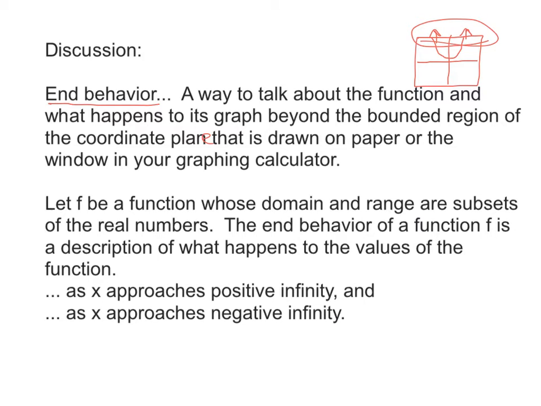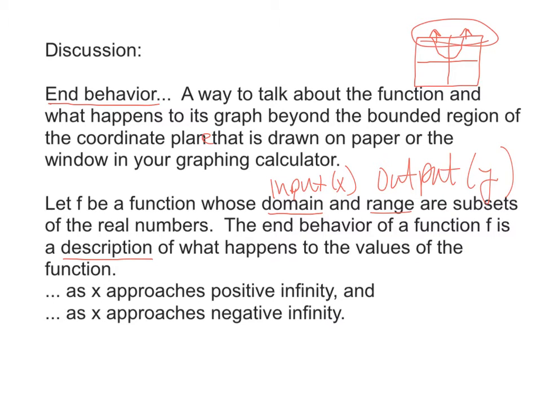So let's say let f be a function whose domain, which you remember is input, which is usually the x, and range, which is output, the y, are subsets of the real numbers. The end behavior of a function f is a description of what happens to the values of the function.